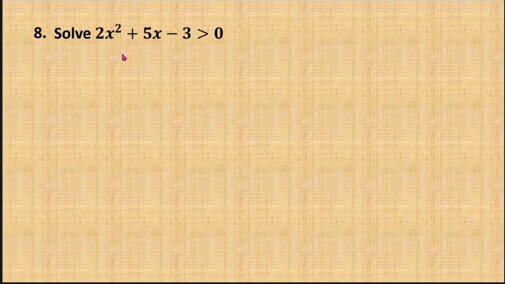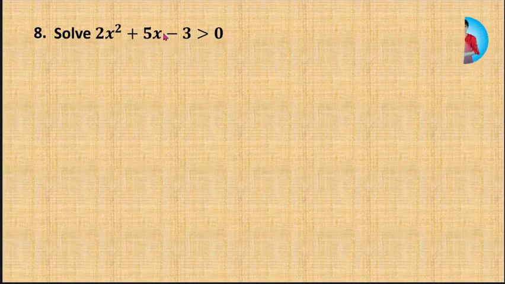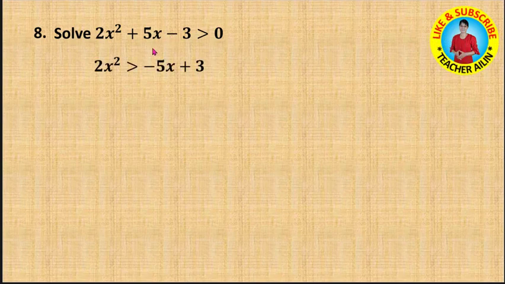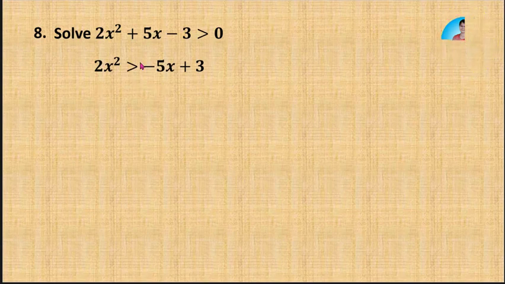Now let's try another example. When solving quadratic inequalities, besides sketching the graph by using transformation, I can also sketch the graph using another method. That is, I can separate the quadratic into 2 different graphs, where I shift 5x minus 3 to the right-hand side and it becomes negative 5x plus 3.